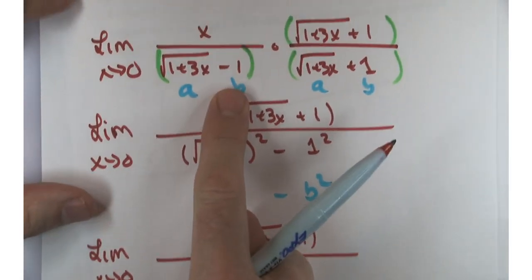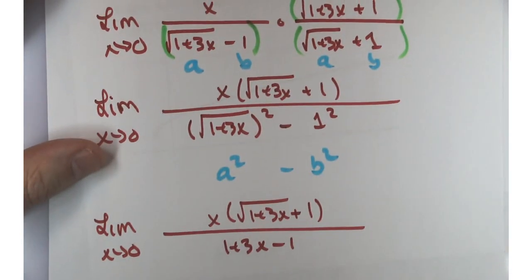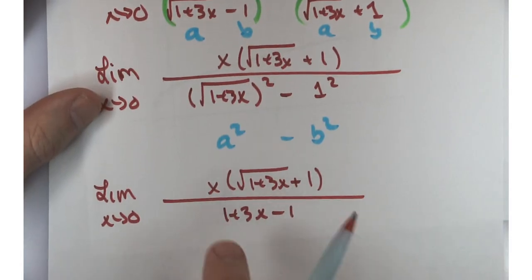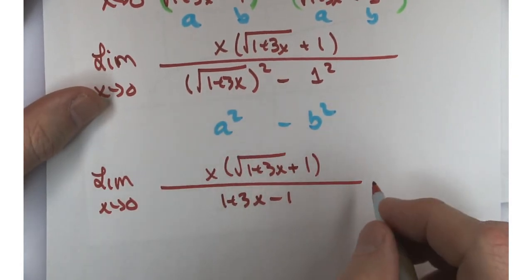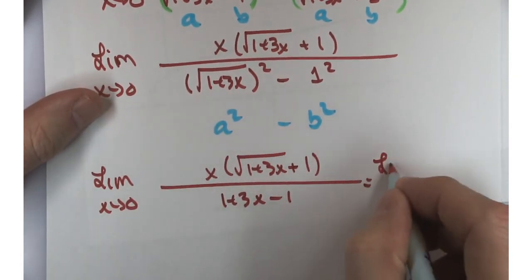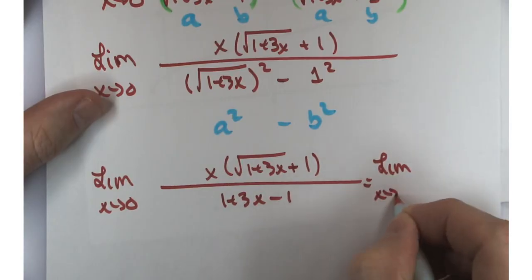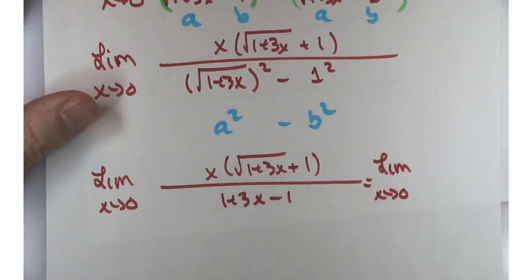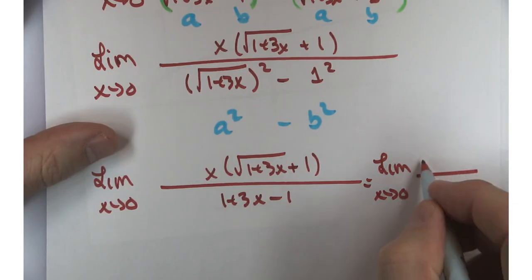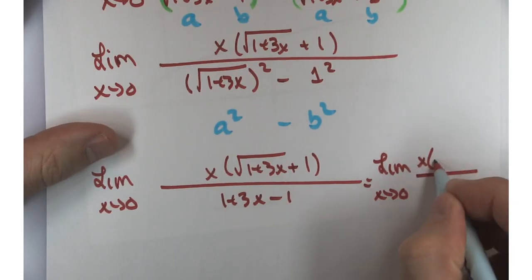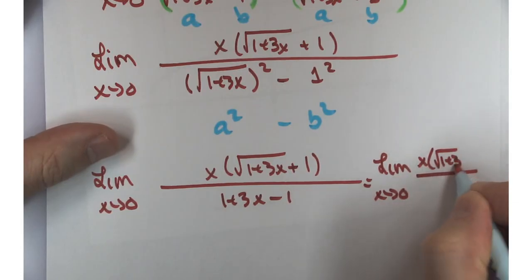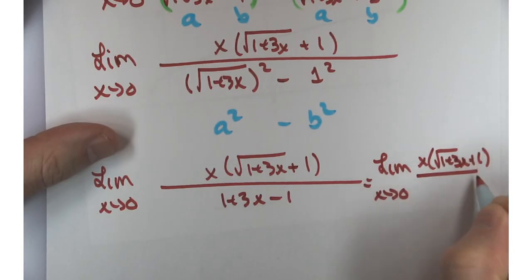Yeah, you'll end up with a difference of squares. But what happens further? I can further simplify this, right? Cancel the ones. X and square root of 1 plus 3x plus 1 over 3x.